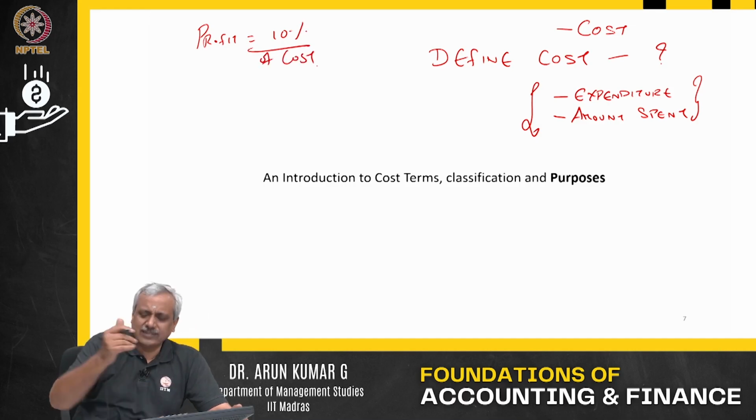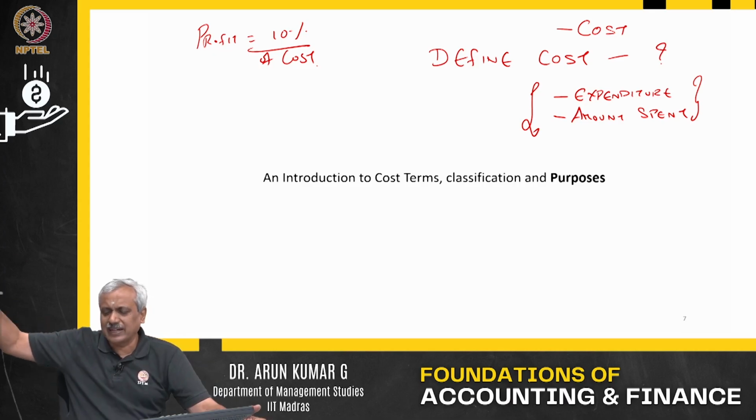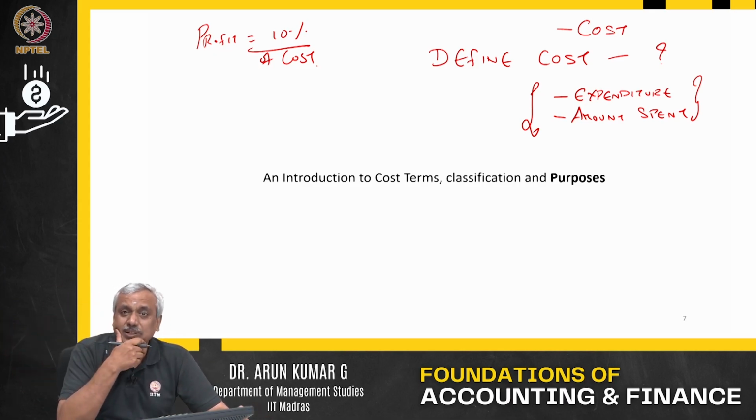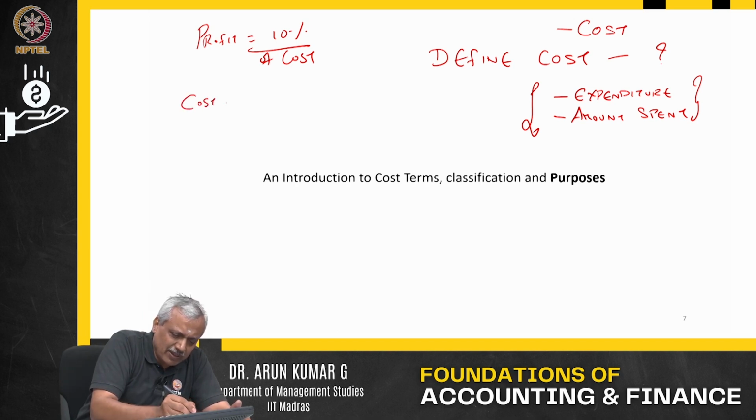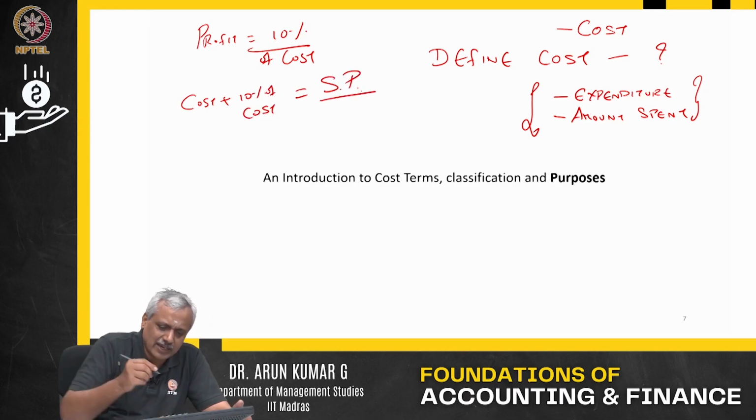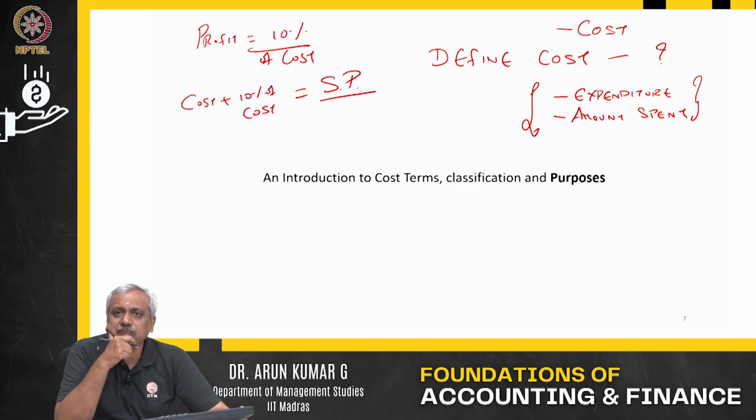I am just going to add 10% of the total cost of making the toy and arrive at the selling price. So, cost plus 10% of the cost is equal to my selling price, and that is what I want to do.